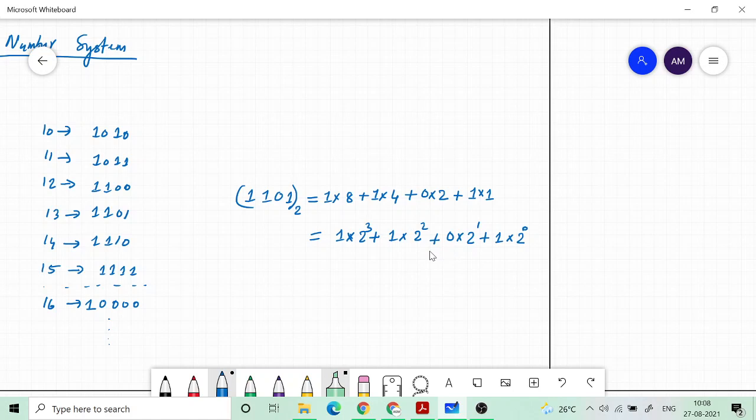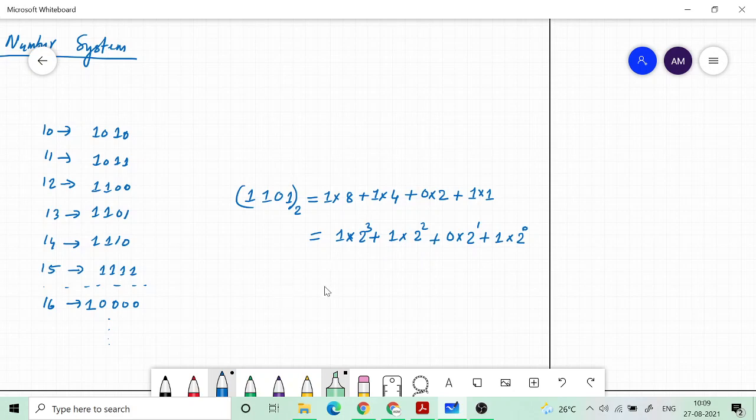So if everything is 1, these 8 possibilities we will always say from 0 to 7, or 000 to 111. So that is how we say. Okay, and this continues.